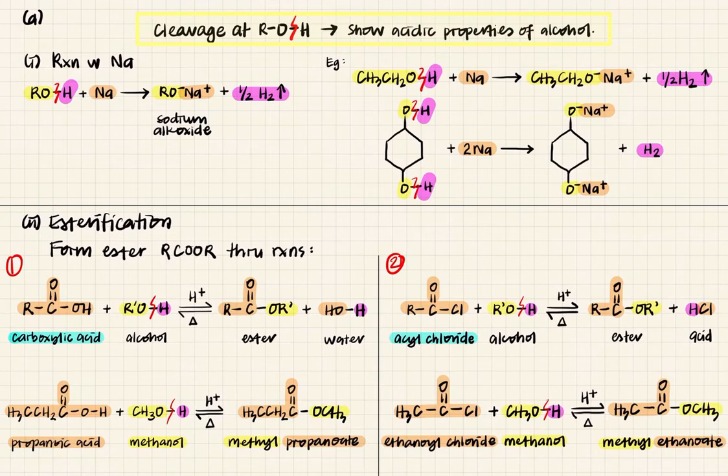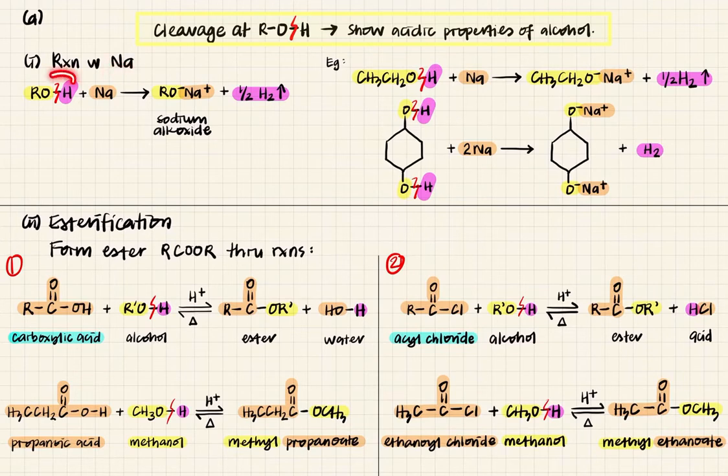So that means that it will donate your hydrogen. So there will be a cut here, cleave at the OH bond. An example of a reaction where you cut at the OH bond is when you react with sodium metal.